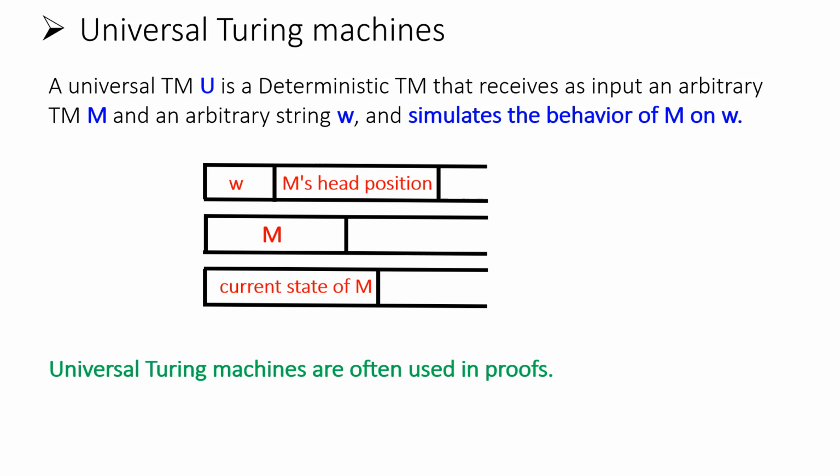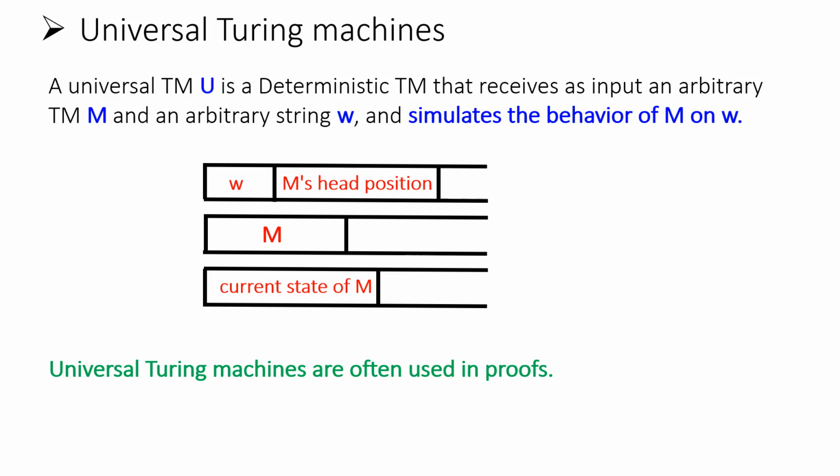The second tape contains M, and the third contains the current state of M. U first finds on the second tape the move corresponding to the current state of M and the symbol under the head for M. Once it finds it, it performs the required action on the first tape, for example, move left or move right or change the symbol under the head, and puts the new state on the third tape. The simulation continues until the current state of M is a halting state.